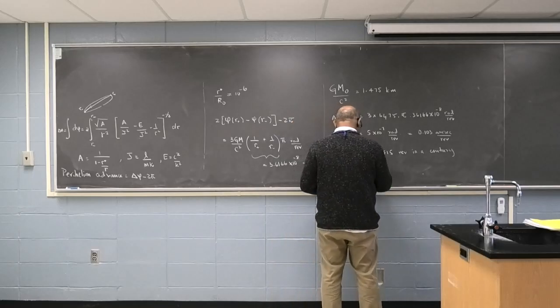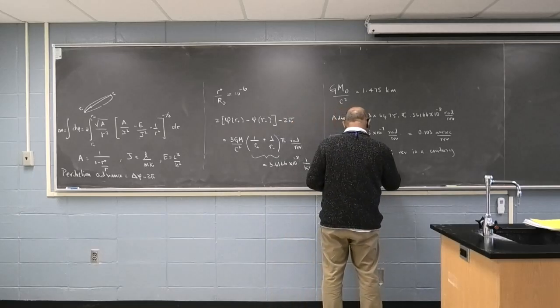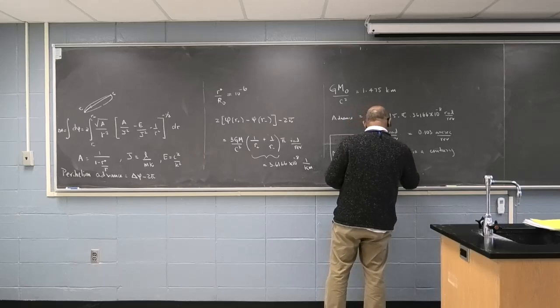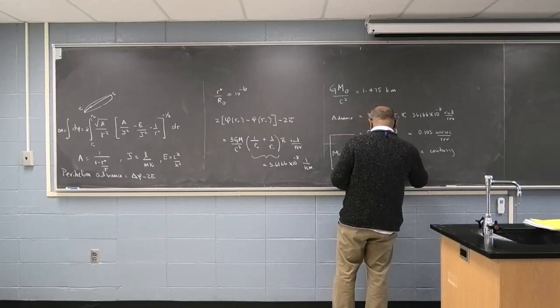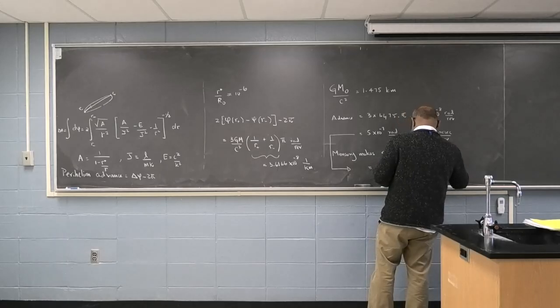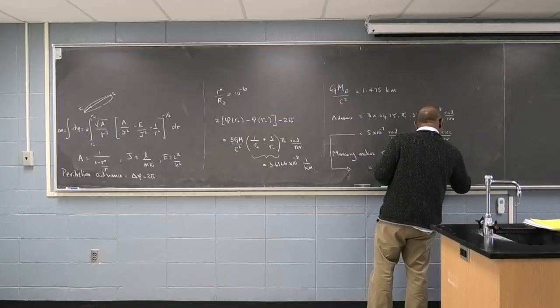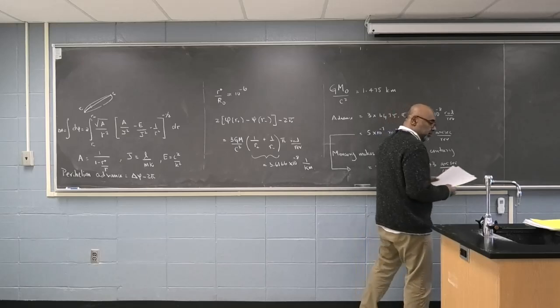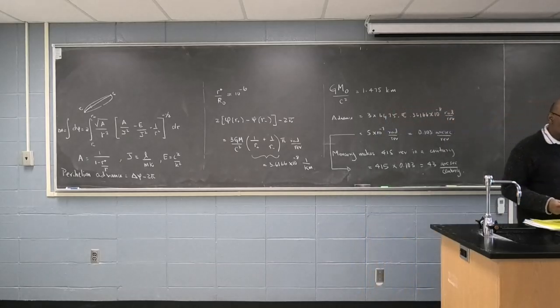You will find the advance to be equal to 415 times 0.103, which is 43 arc seconds per century. The answer is not 42, but 43.